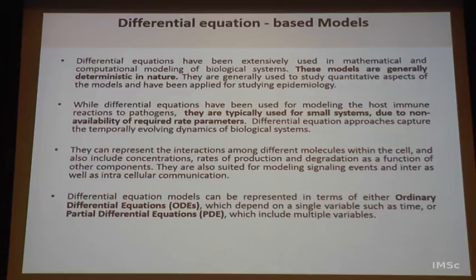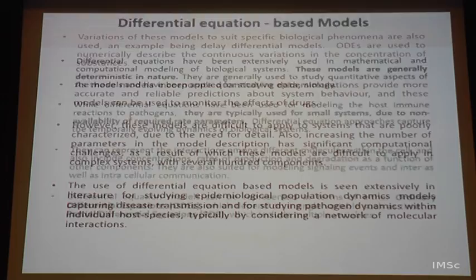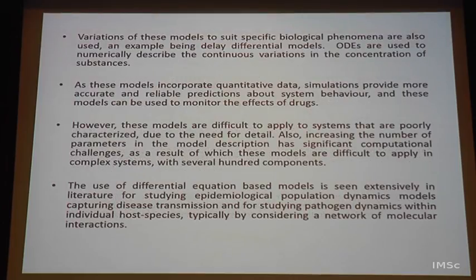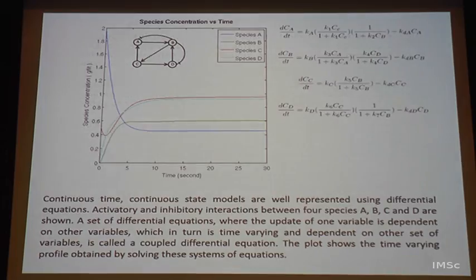Usually the number of components here is not very many for obvious reasons. You can't really solve very large systems. So about 20 to 30 would be fairly largish. You have many models with a lesser number of components out there. Let me skip this as well.